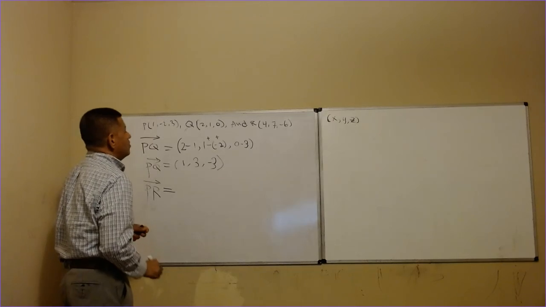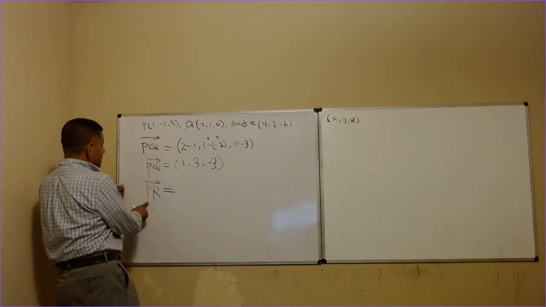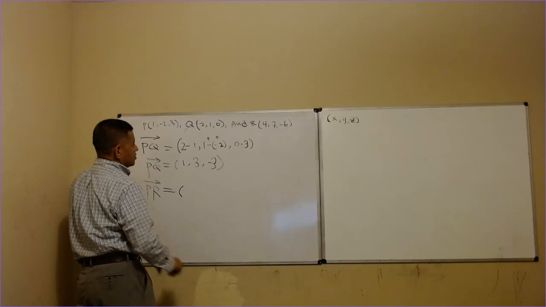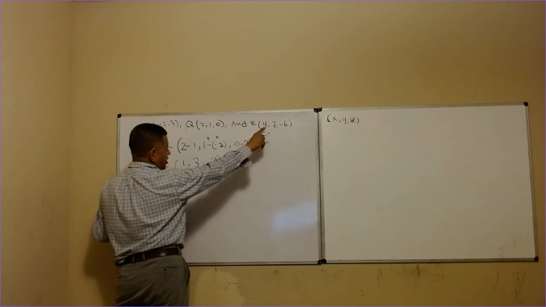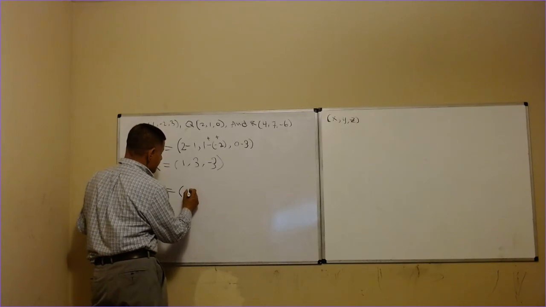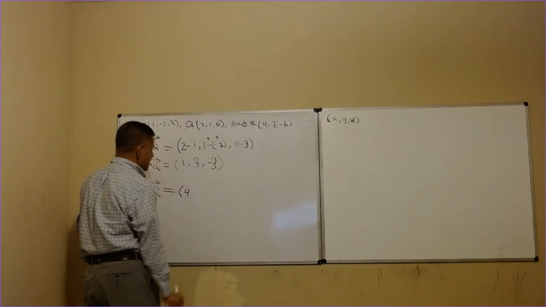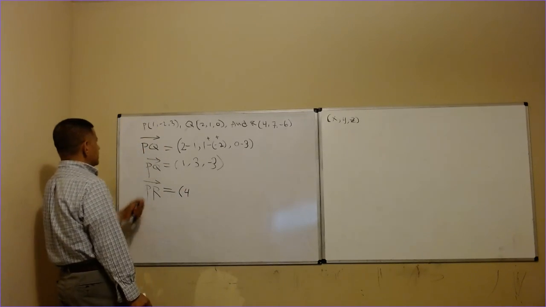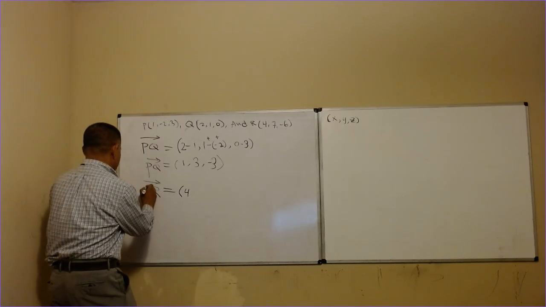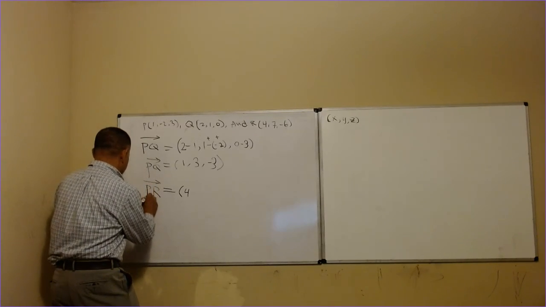Okay, so now I am doing PR. So what is R? I am doing my X value now, X minus what? What is P? Well, I'm doing P, so hopefully you can see this. This is P.